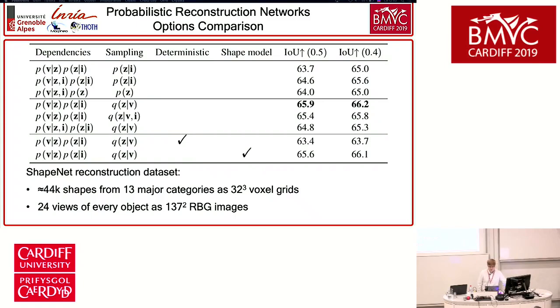We also compared our best result to the deterministic case of the same model, and as you can see, the results are worse, which suggests that using stochasticity really helps for this kind of task.